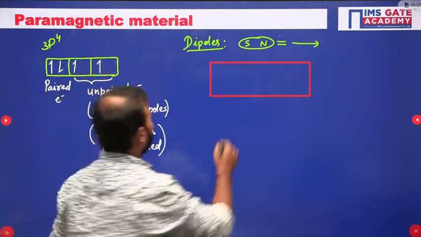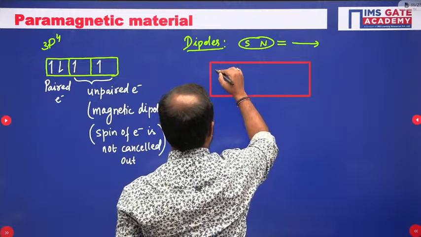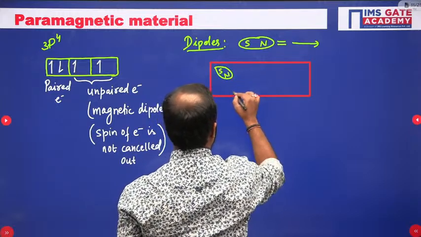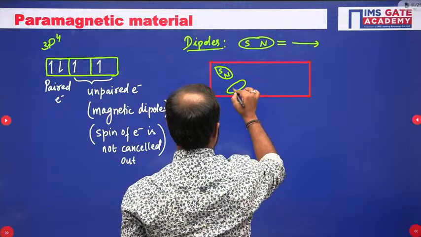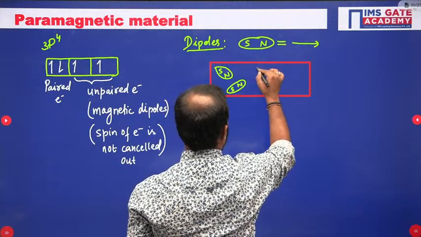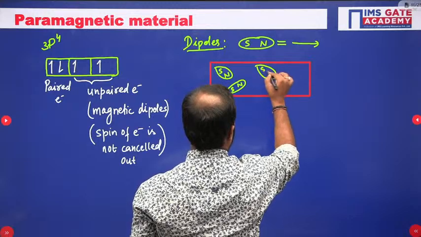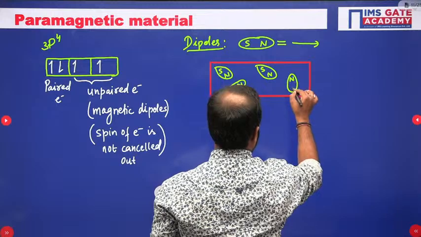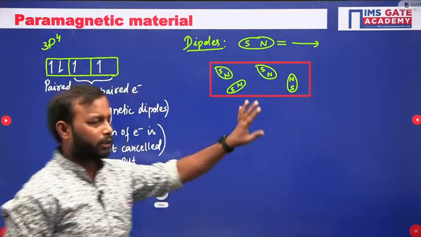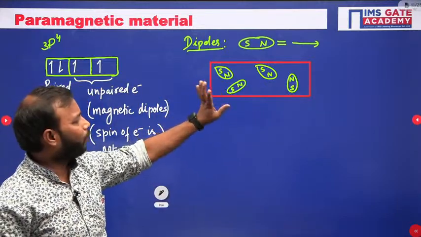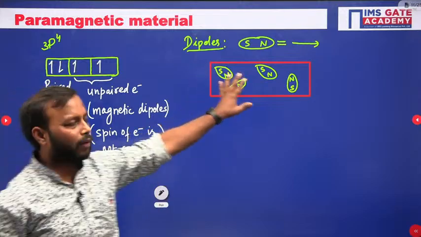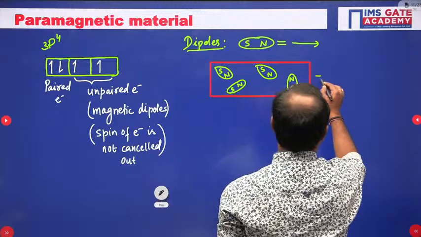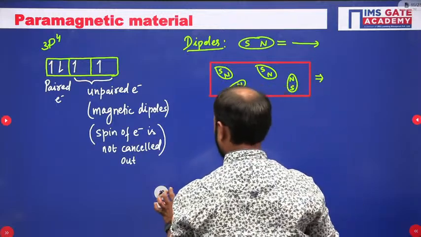Let me take the dipoles in this direction, south to north, south to north, south to north, south to north. For the sake of convenience, I have drawn here only 4 dipoles. There will be n number of dipoles. Okay? So how will we represent the equivalent of this?